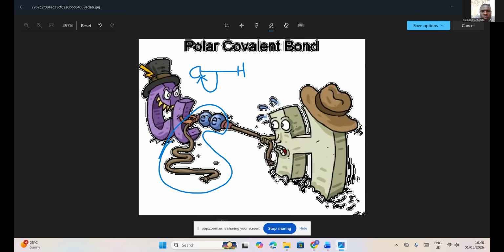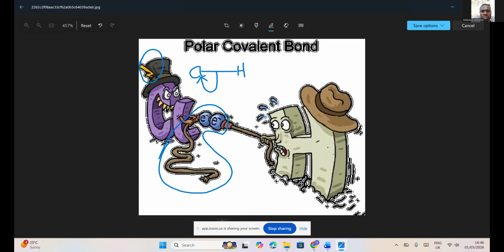There is even this cursor showing you that. So it pulls those electrons strongly towards itself.